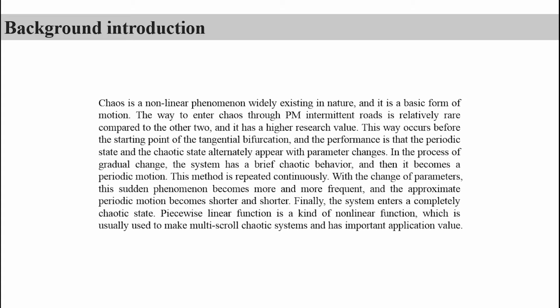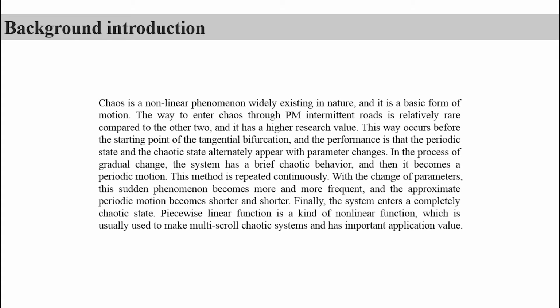When one of the parameters of the system is lower than a certain value, the system exhibits regular, periodic motion. When the parameter gradually changes in a certain direction, the system exhibits an approximately periodic motion for a long time.